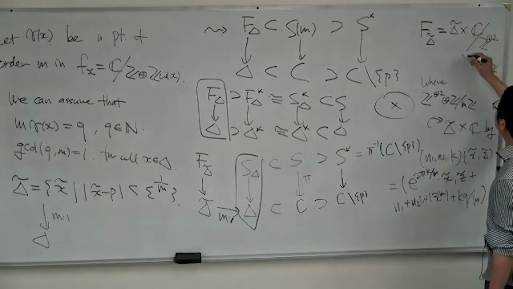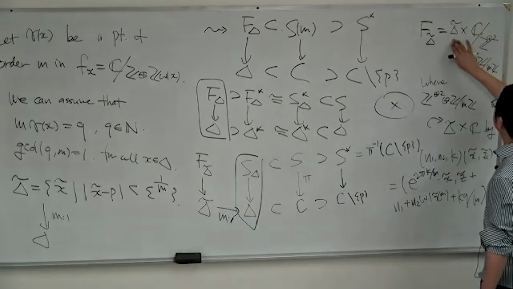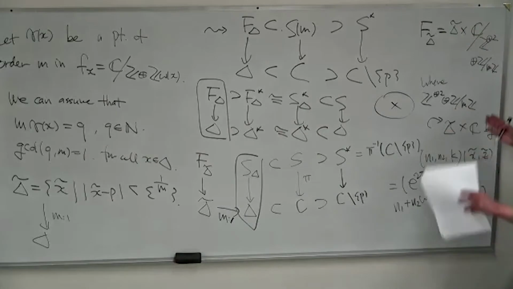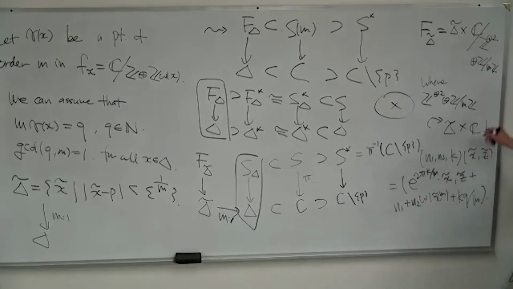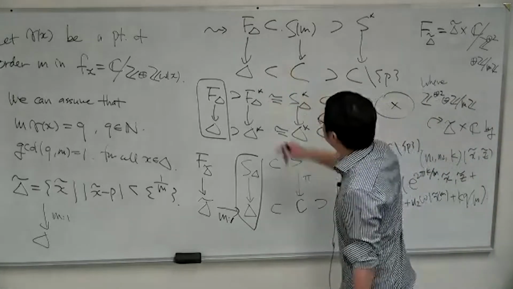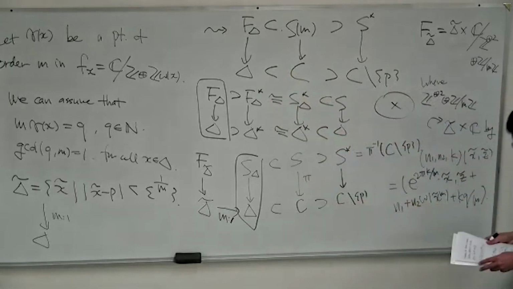So this is nothing but this F delta tilde times this C modded out by this group, where this group acts on this trivial fibration, the C fibration, and then I mod out by this. So by this way, I obtain a new surface.